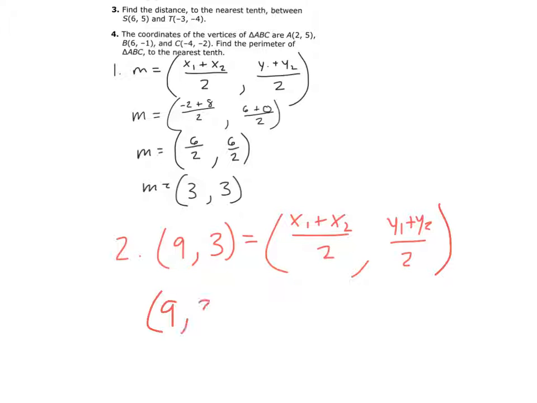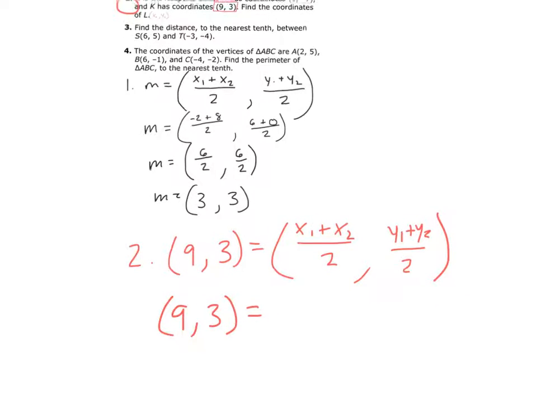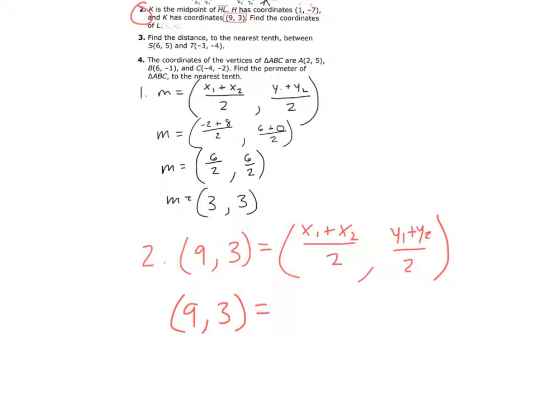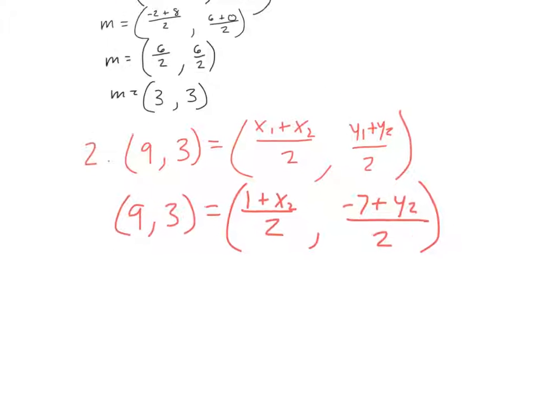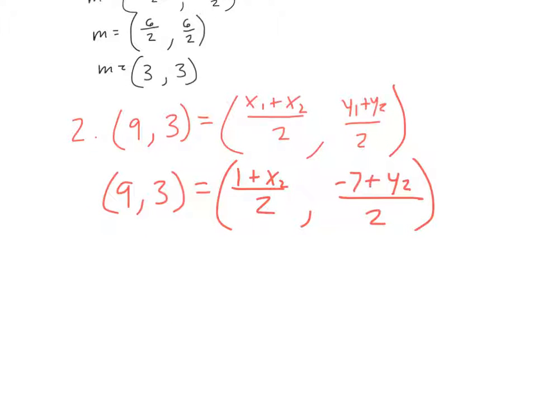So (9, 3) is equal to x1 we said was 1. So 1 plus, we don't know what x2 is yet, so we just leave that, over 2, comma, y1 is -7, and we don't know what y2 is yet, so we just leave that there.